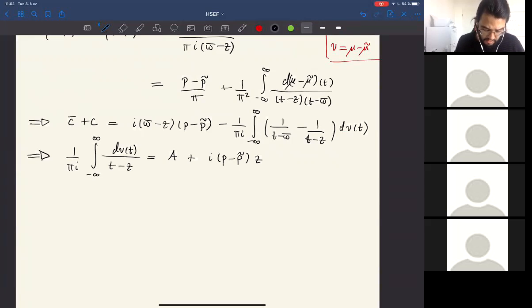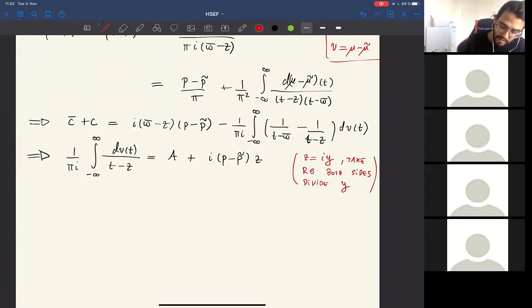Okay, great, so that's what we have. What you can do is take the real part on both sides: say you take z equals iy, and then you take the real part of both sides and divide by y.